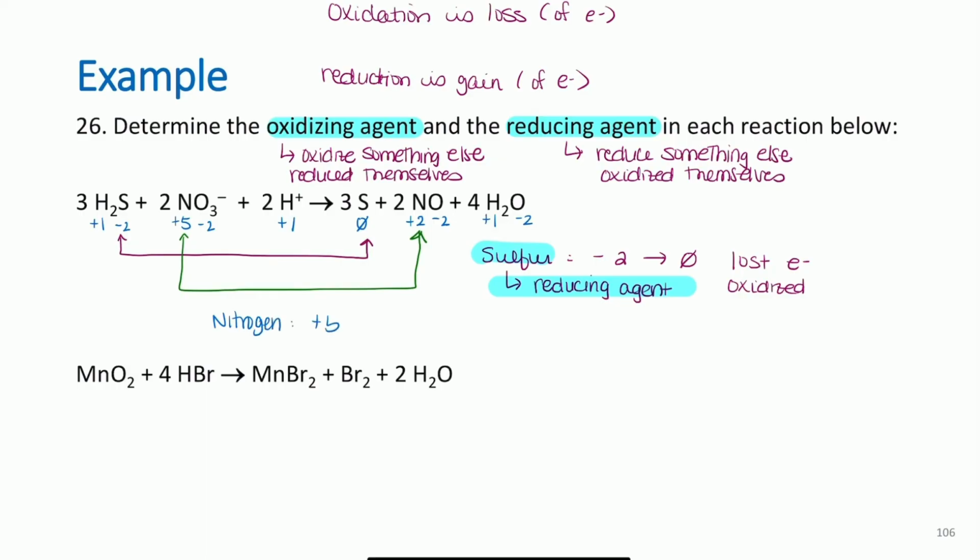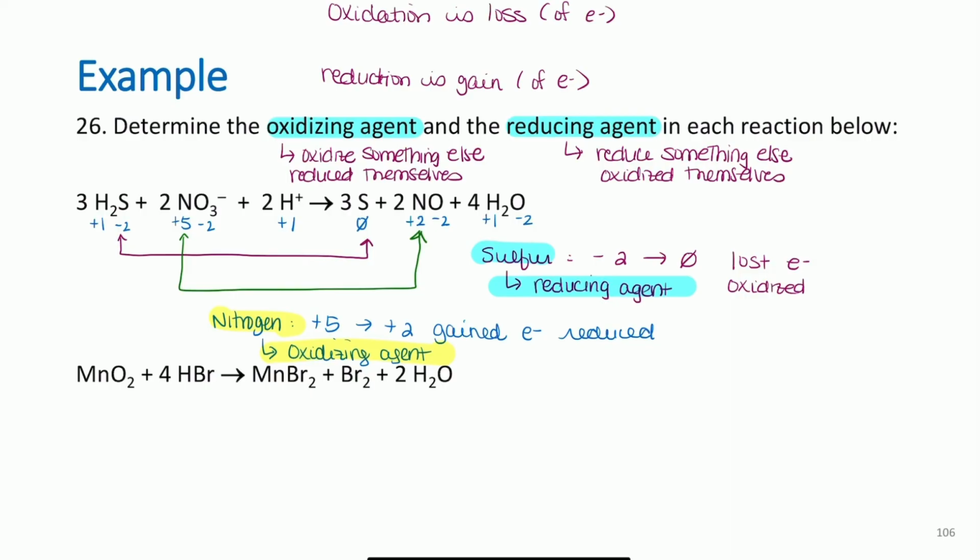Nitrogen went from +5 to +2, so it gained electrons, so it was reduced. So since nitrogen was reduced itself, it is an oxidizing agent. It was able to oxidize something else.